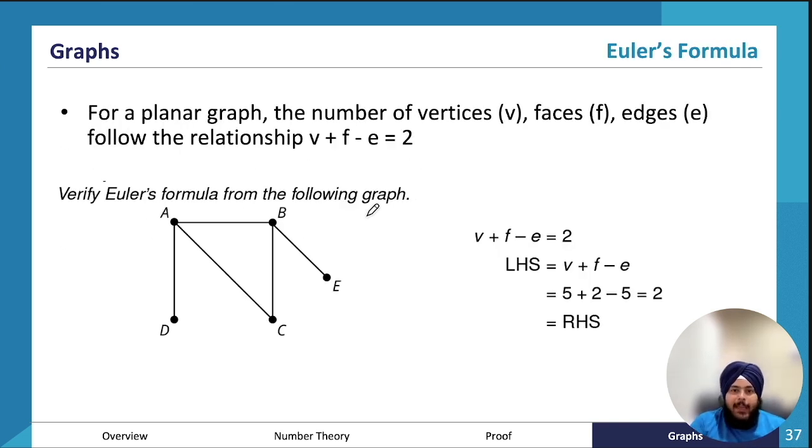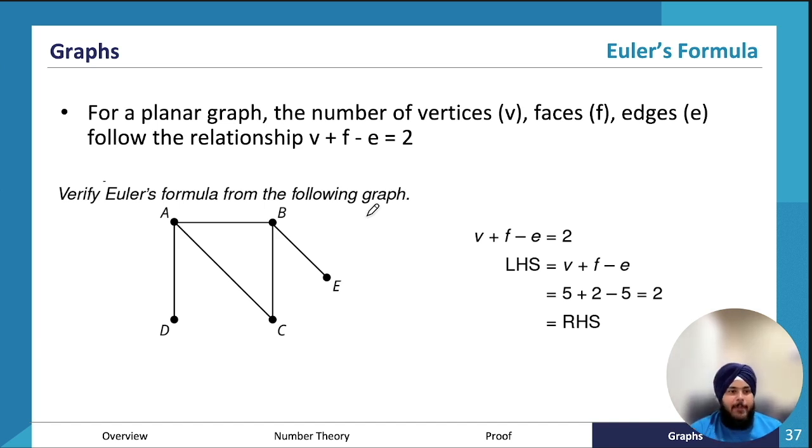Okay, so then we have Euler's formula. Euler's formula is, again, a proof. It's a proof to show that a graph is planar.